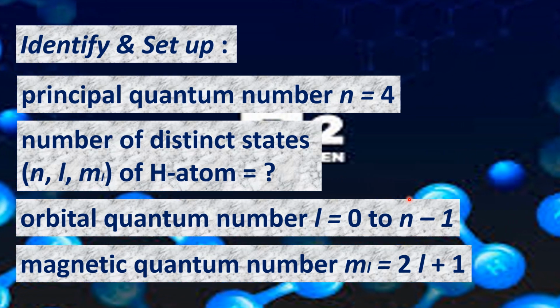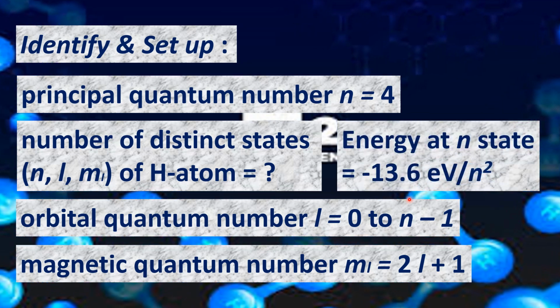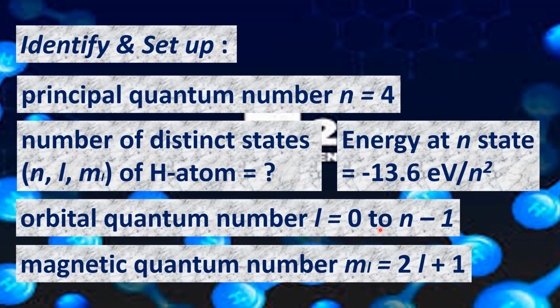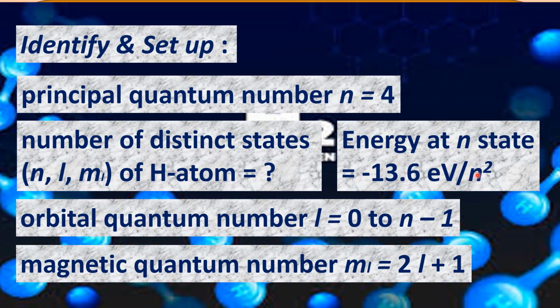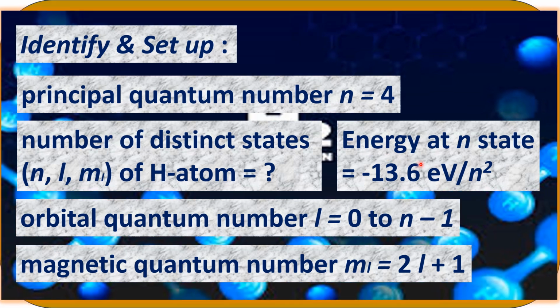The other target variable in this problem is to find the energy at the given principal quantum number n equals 4. And we will be using this formula.